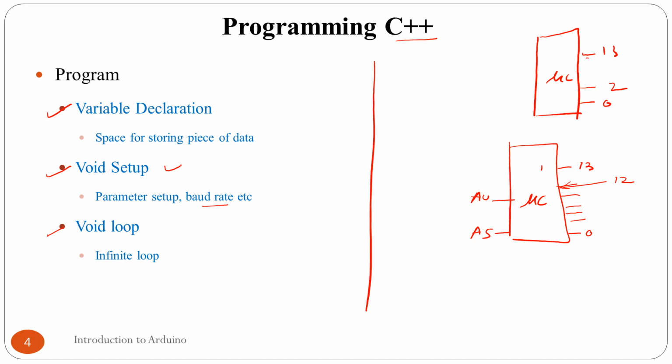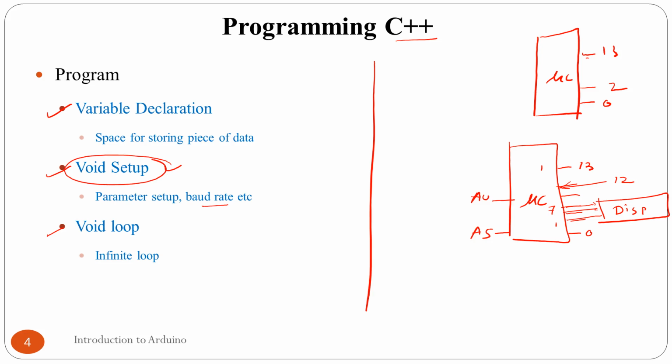Suppose you want to connect display devices to pins like pin number 1 to pin number, suppose, 7, then you have to declare these pins as output pins in the void setup part. And then in void loop you can write the program for reading sensor values and putting them on the display device, okay.